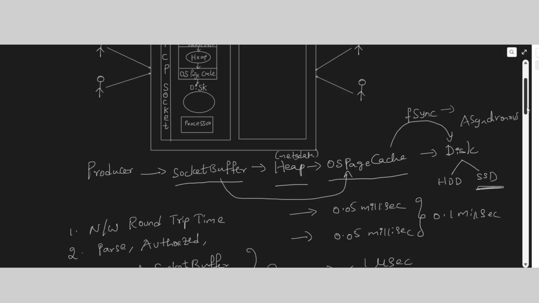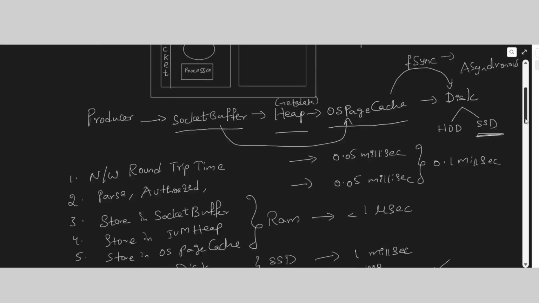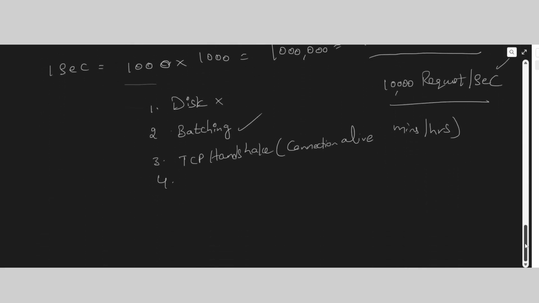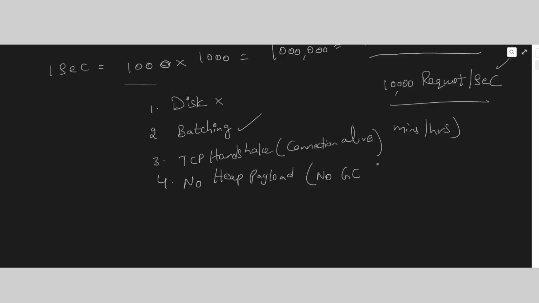This way, we are removing the burden from the garbage collector, allowing the JVM to run optimally. So that is the fourth one: we are not using heap memory for payload. Payload is the heaviest part, not the metadata. This way we are saving the garbage collector from pausing the JVM. So this is one of the optimizations.